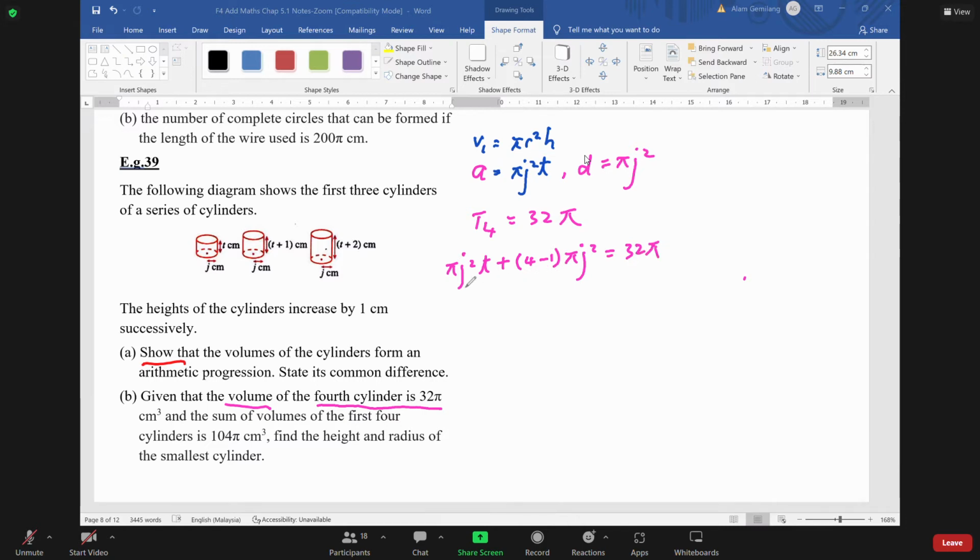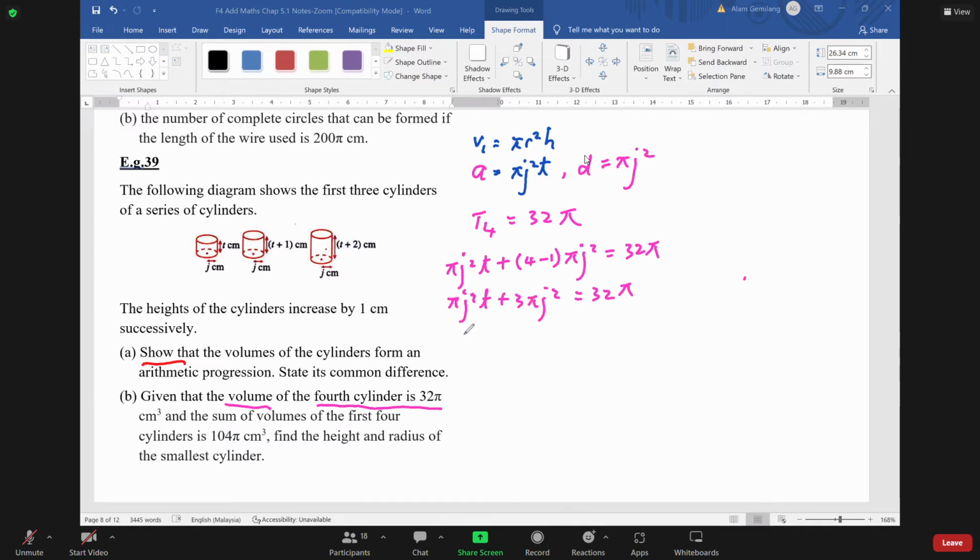So this becomes pi j square t plus 3 pi j square equals 32 pi. So you can factorize.